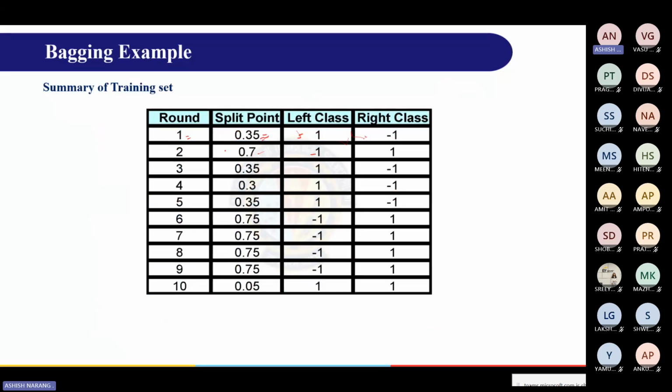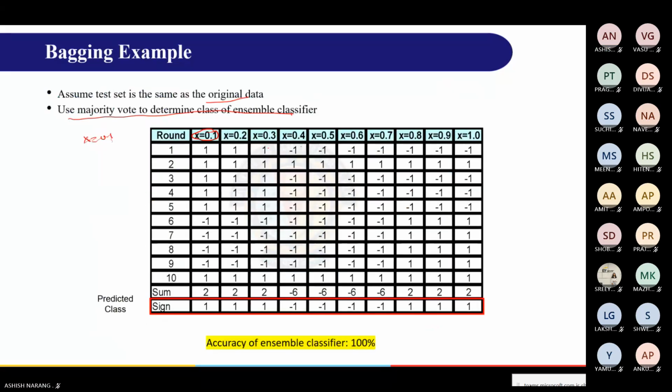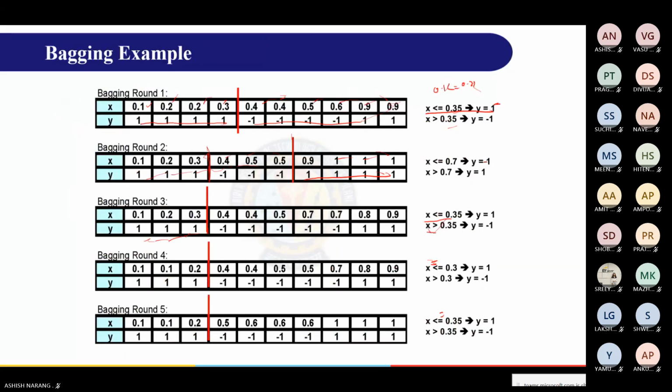Now when it comes to round 2, it has learned 0.7 as the boundary, but both sides it is taking 1.